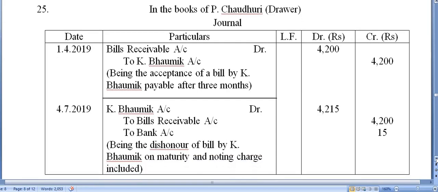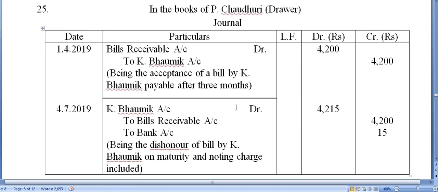Let us see question number 25. On 1st of April 2019, P. Chowdhury draws and K. Bhaumik accepts a bill for rupees 4,200 payable at 3 months. The bill is dishonored by Bhaumik at maturity and is noted for a charge of rupees 15.